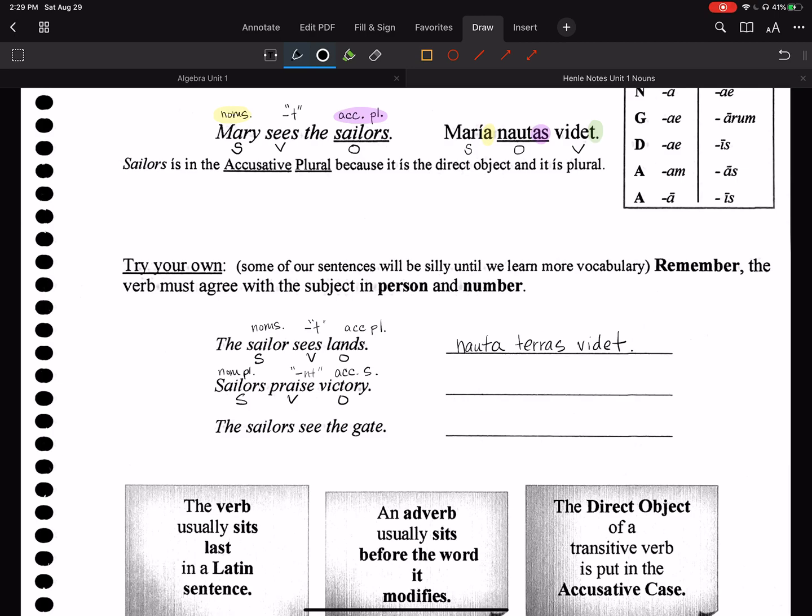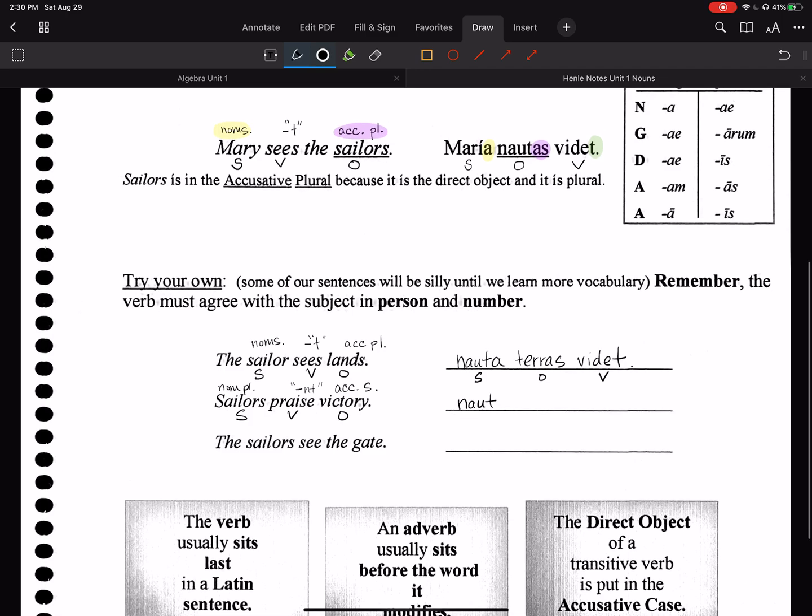So switching it around now so that we have SOV order, subject, object, verb. If you look up here, the nominative plural ending is AE. So now nautae. Praise is laud, and then we have our ending. So we want the NT ending.